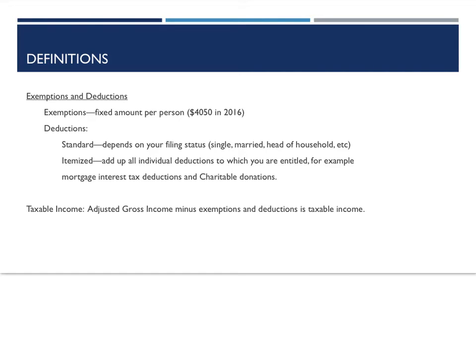Itemized means if you think that you have more deductions than would be covered in the standard deductions that you can prove. Then you can fill out a form where you itemize what all those things are, and you might be able to take more off of your adjusted gross income than the standard deduction would allow. When you take your exemptions and deductions off of your adjusted gross income, you have your taxable income. Taxable income is the income you actually end up paying taxes on.